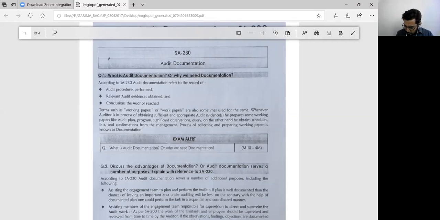So we are done with question number 1, which is the basics of audit documentation. I think this much is sufficient for today. Let's take your doubts, if any. Please post your doubts, and also let me know, have you clearly understood SA-230 till now?